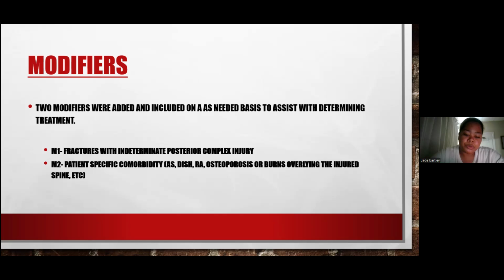And then M2 speaks to additional factors that would basically prevent you from taking this patient to theater. So if the patient has any associated head injuries, burns overlying the wound area, osteoporosis, rheumatoid arthritis, or cardiac issues, then those would actually preclude operating in these patients or make one hesitant.